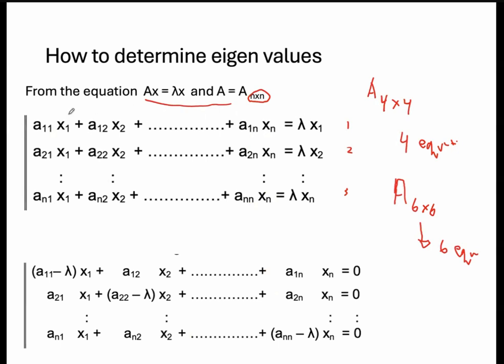On the left side, we have variable x. The number of variables x depends on the number of rows and columns. And each variable x has a coefficient.